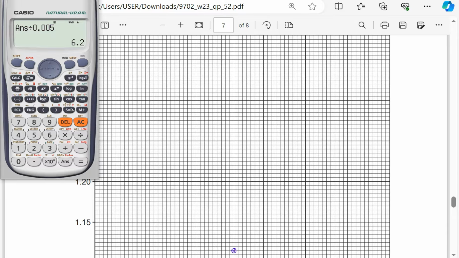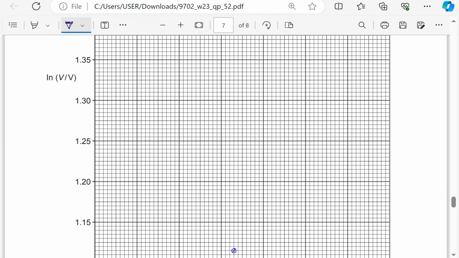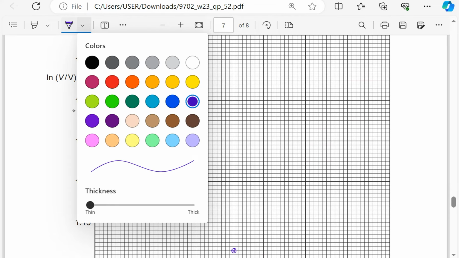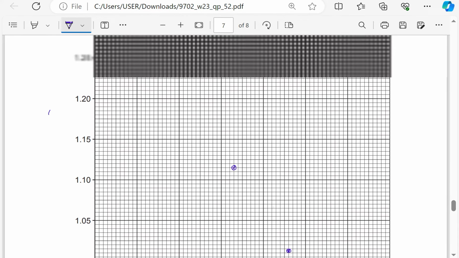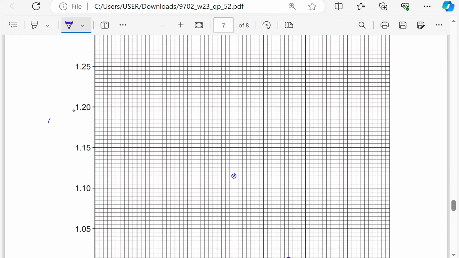Those are approximately 6 boxes from 1.1: 1, 2, 3, 4, 5, 6. So this is going to be the point.